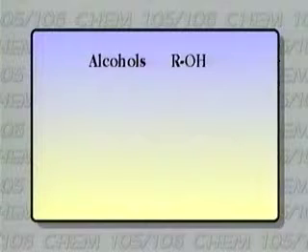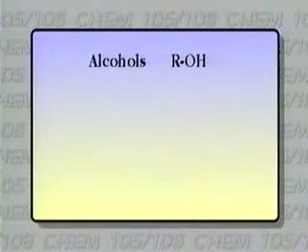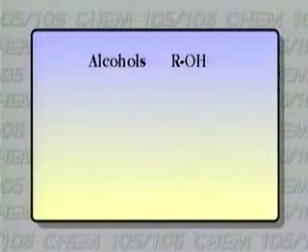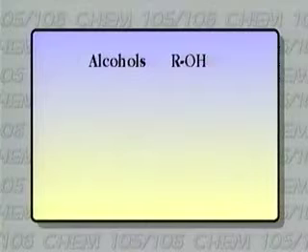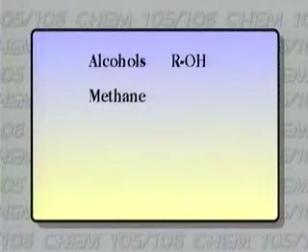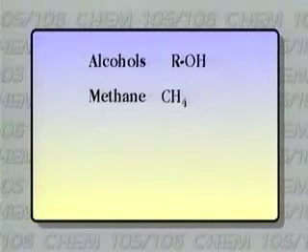Now the smallest hydrocarbon group that we can have goes back to the simplest hydrocarbon we have, which we called methane. And methane had the chemical formula of CH4.